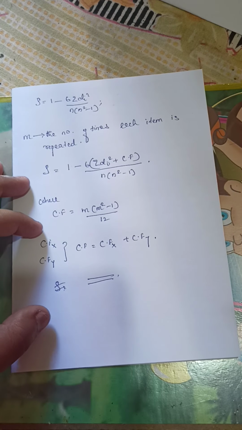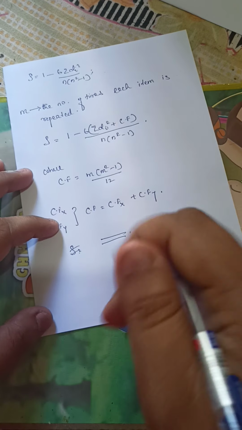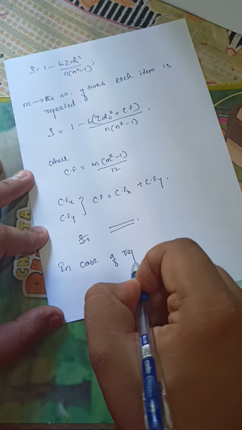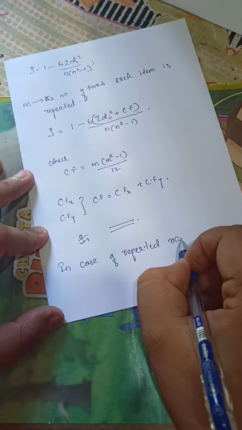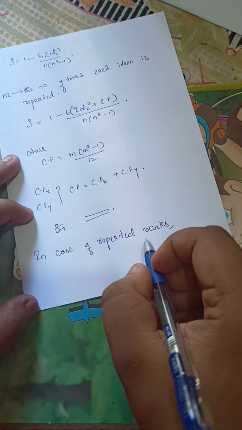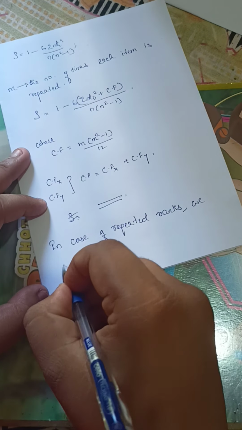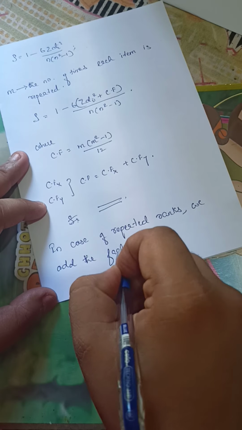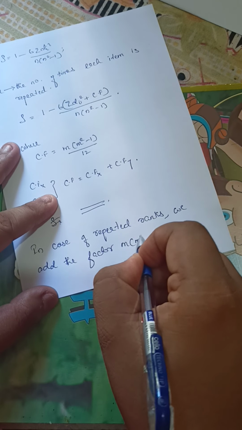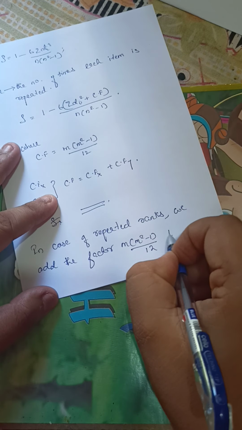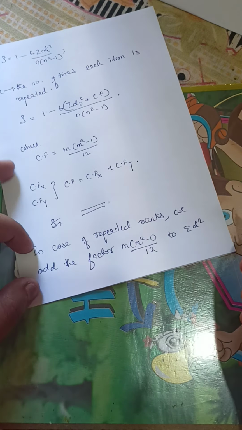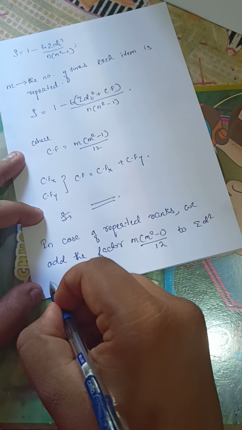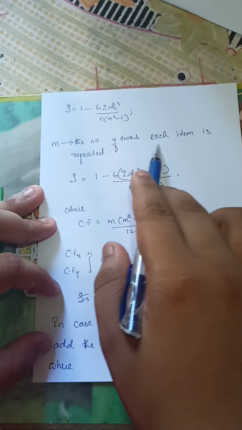We can write that in case of repeated ranks we add the factor m into m square minus 1 by 12 to summation d square, where m is the number of times each item is repeated.